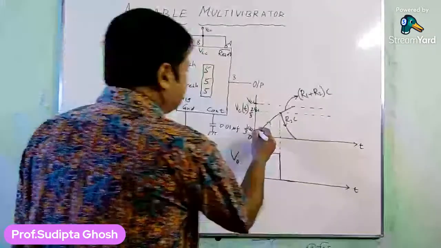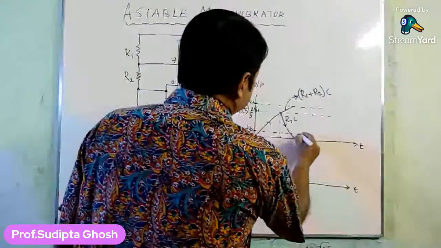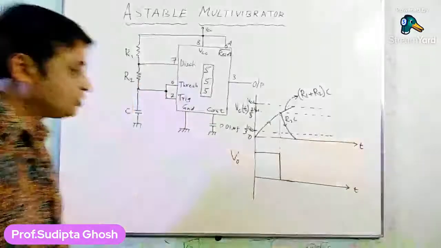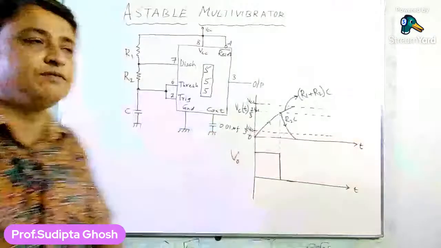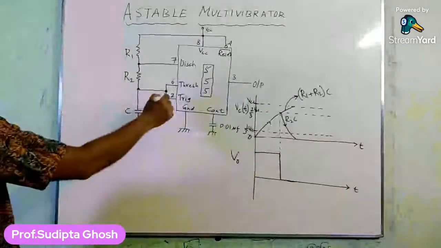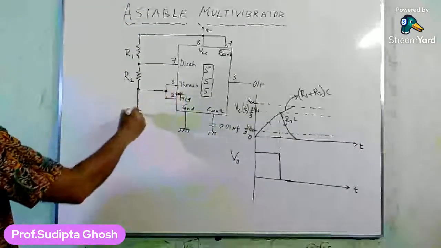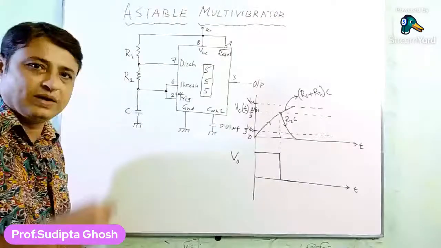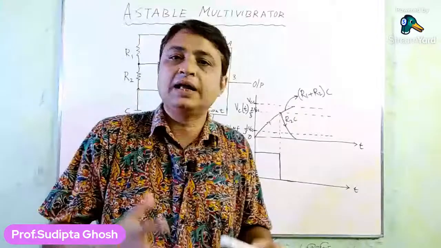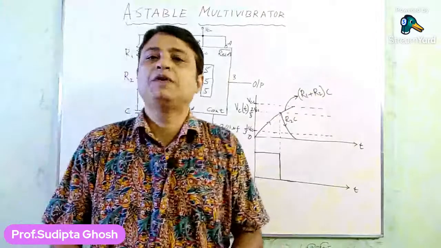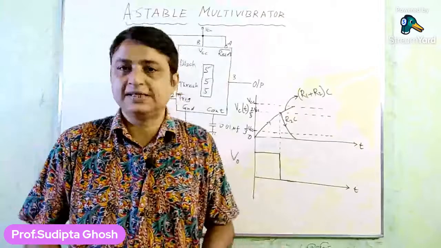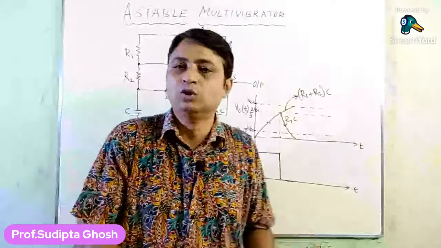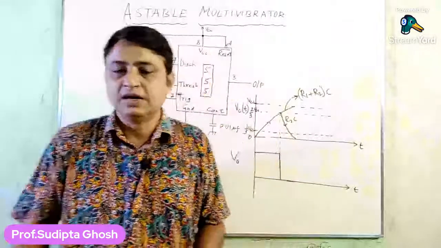As we all know from this circuit, the trigger input is also connected to this capacitor. So as the capacitor voltage goes below 1/3 VCC, that will make the trigger input value go below 1/3 VCC. What will happen?